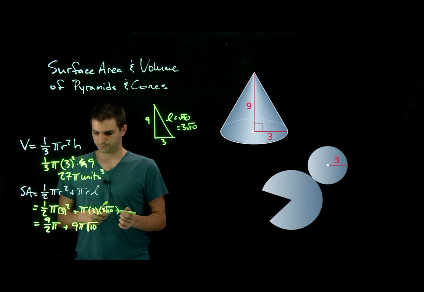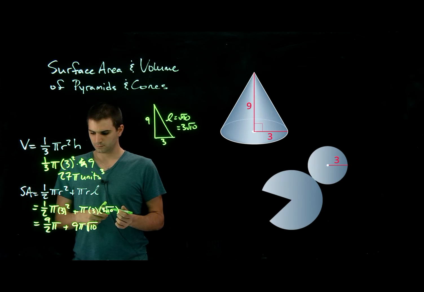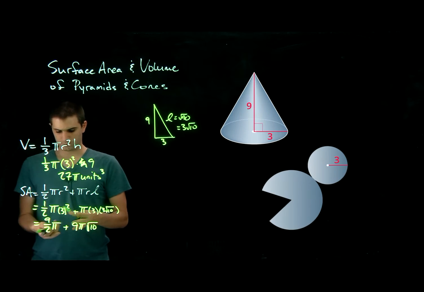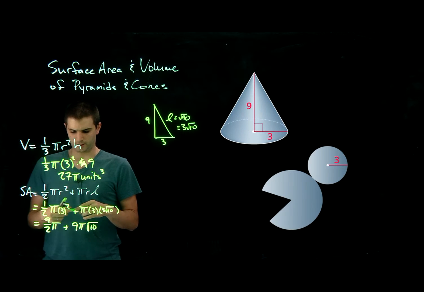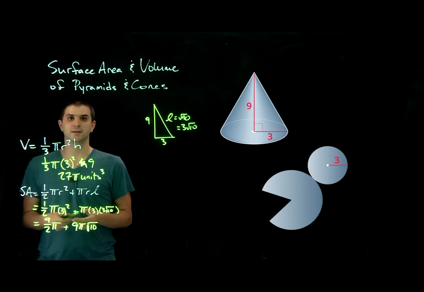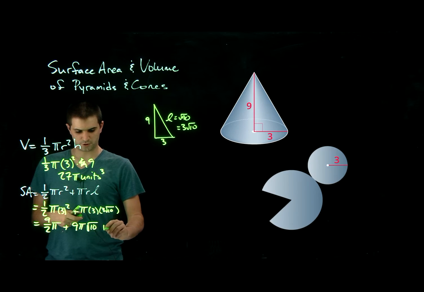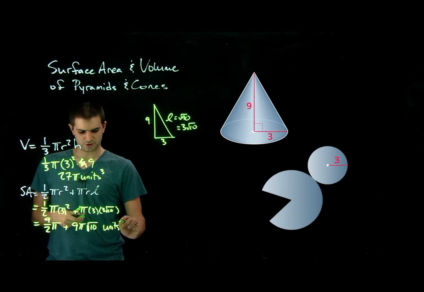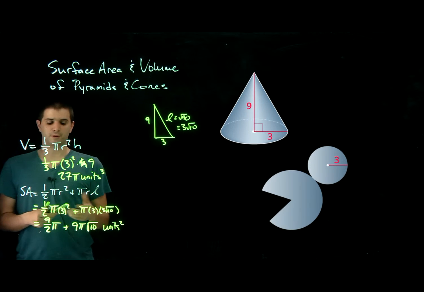All right. So we can fiddle with our answer in a couple of different ways, but I think for now just leaving our answer like this is sufficient. Of course, we should make sure we leave our units squared on here.